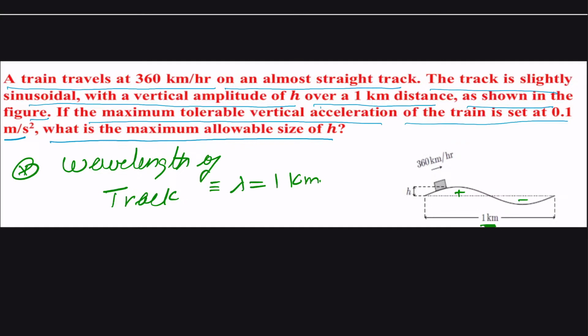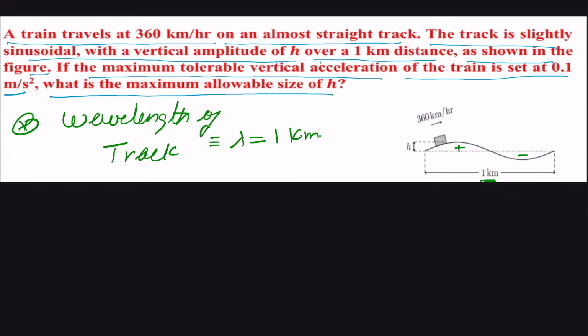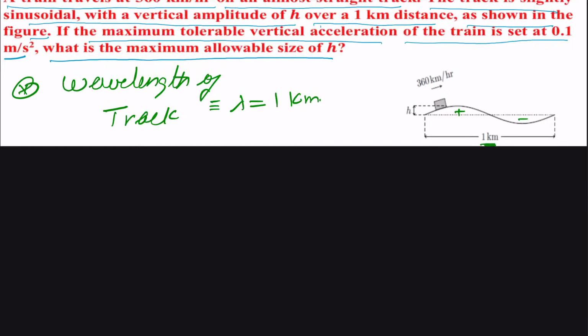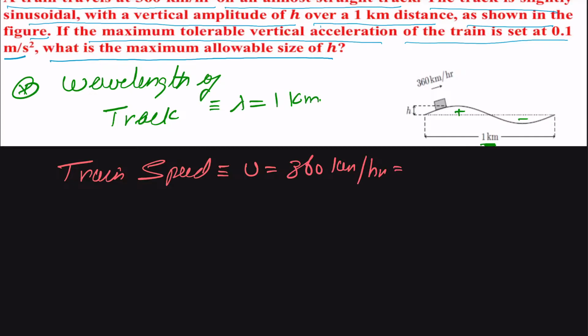Next, the train speed is given to us as v, and that v is 360 km per hour. We can convert this into seconds, so this comes as 0.1 km per second.